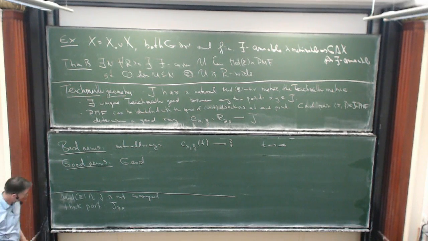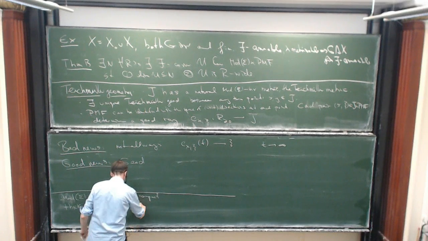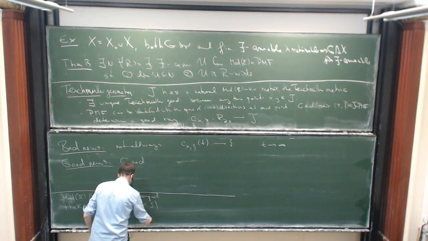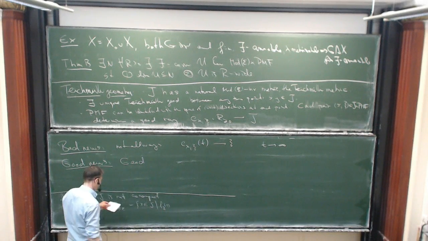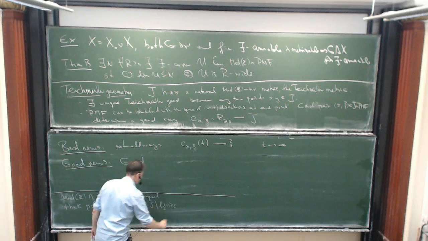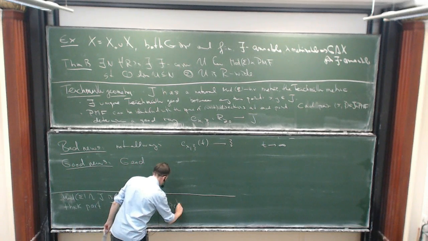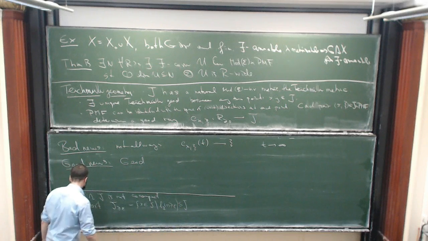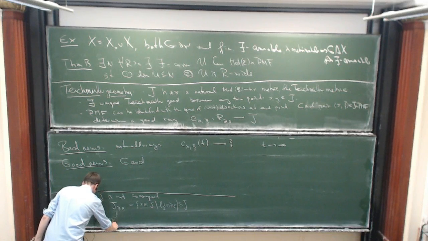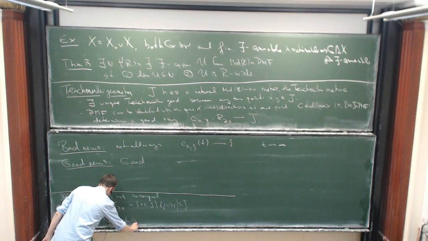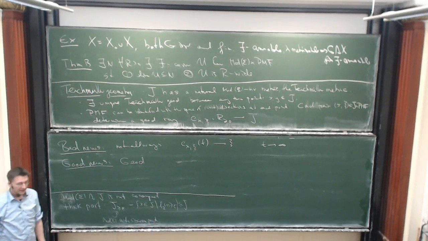For every positive number epsilon, we look at the epsilon thick part, which is those points in Teichmüller space where the length of every curve is at least epsilon. So there are no too short curves. There's a bound on how short the curves get, and here the action is co-compact.